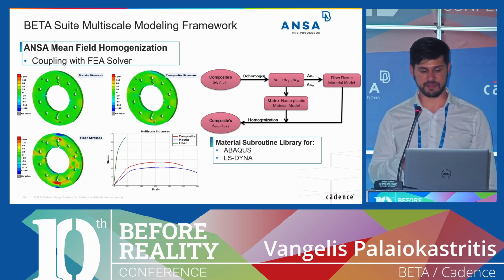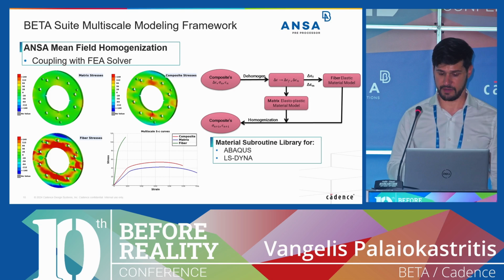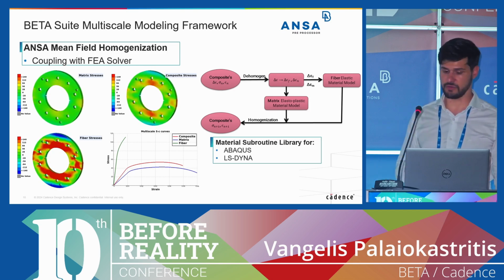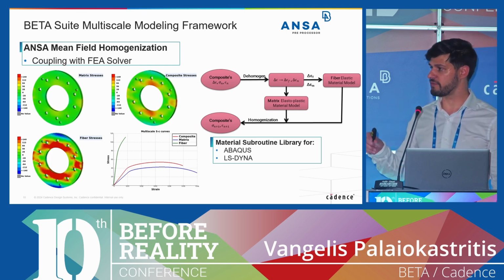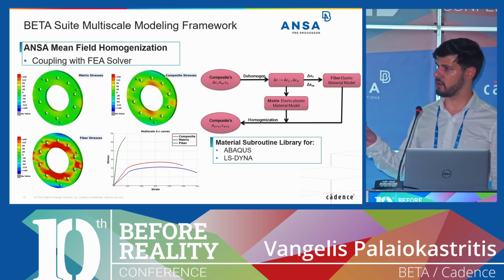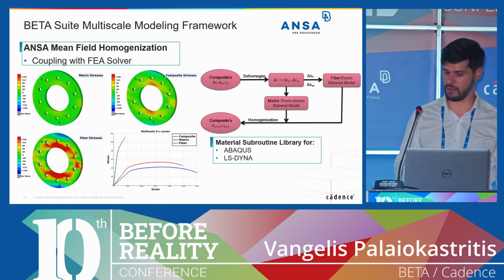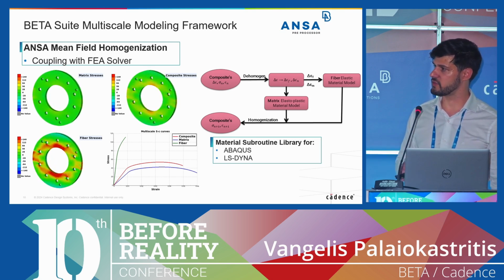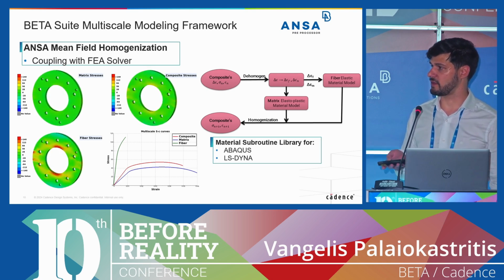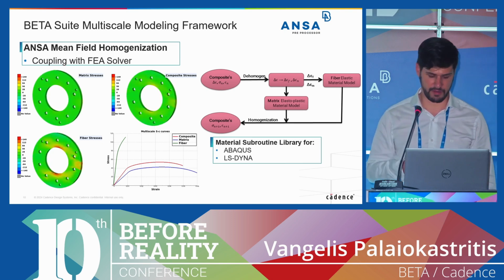So that means that homogenized properties are computed dynamically during simulation with Abaqus or LS-DYNA based on the local fiber orientation, the composite's volume fractions, and the evolving loads. So this approach provides a true multi-scale coupling and a live prediction of the stresses and strains at the composite, matrix, and fiber level.